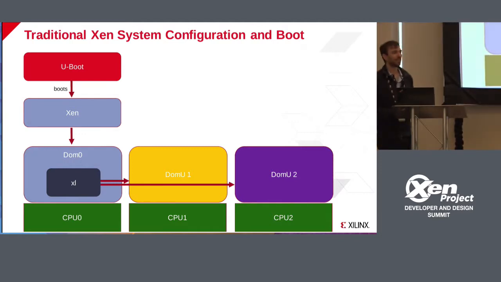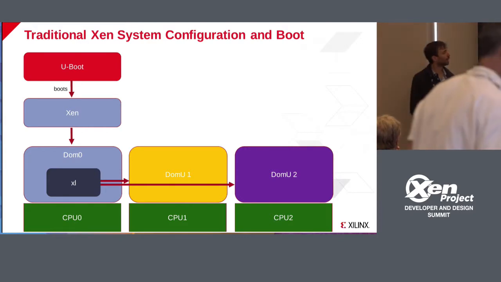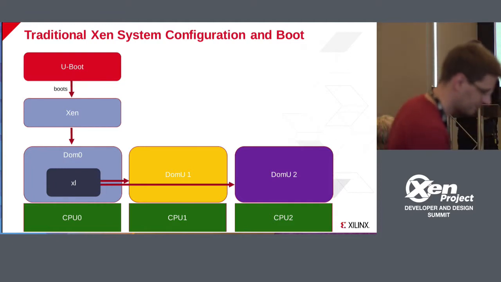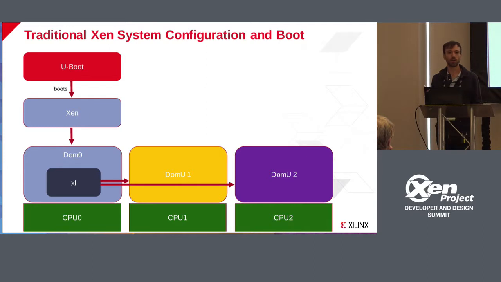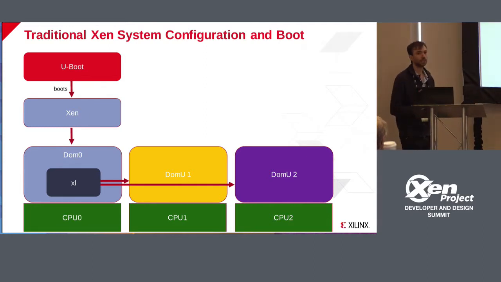Let's start by looking at what traditionally happens. In this room, we should all be familiar with this, and in the picture I'm using ARM-specific terminology. It's also true that Dom0-less today is implemented only on ARM, but the concepts are applicable to x86, and I'm sure it could be implemented on x86 too.